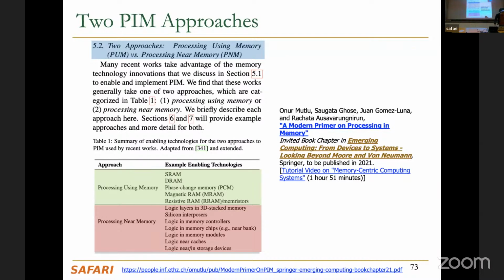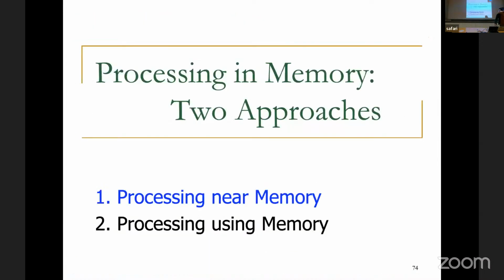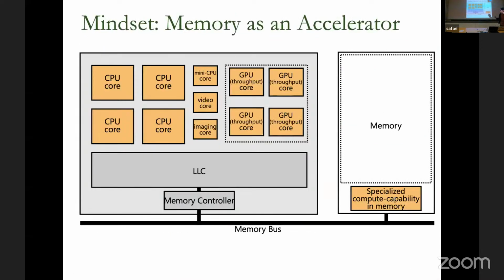Okay. Let's go ahead with the two approaches to processing in memory. The first of them is processing near memory. In processing near memory, first of all, from now on, you should see memory as an accelerator, right? Here we have the memory, and near the memory, we have some specialized compute capability.